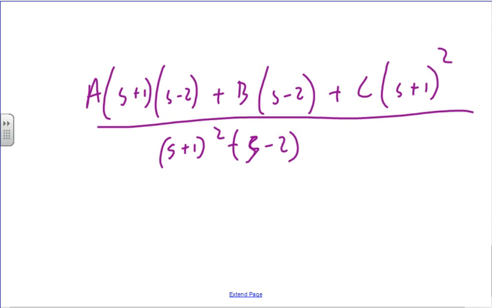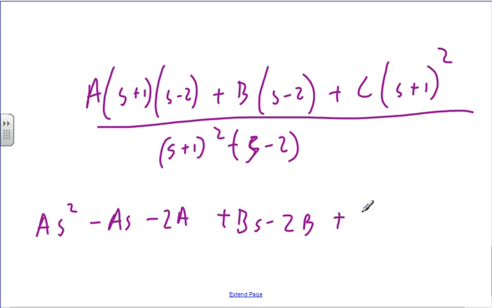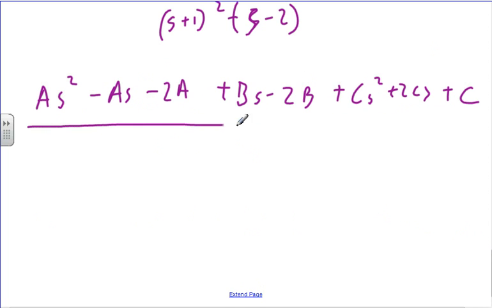That way I can figure it out later. So I got As squared minus As minus 2A plus Bs minus 2B plus Cs squared plus 2Cs plus 1C. Now why would I write 1C? That seems kind of ridiculous. Divided by the common denominator.